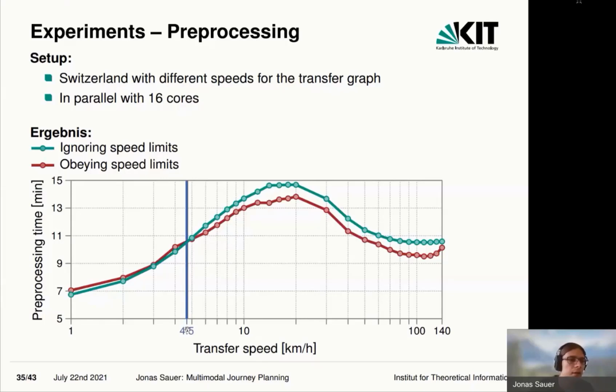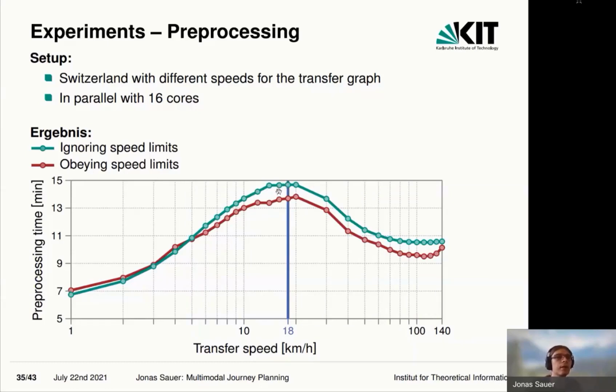So for walking, we used 4.5 kilometers per hour. And so here we got a preprocessing time of about 10 minutes on the Switzerland network to compute these shortcuts. And we see that the preprocessing time rises for higher transfer speed.